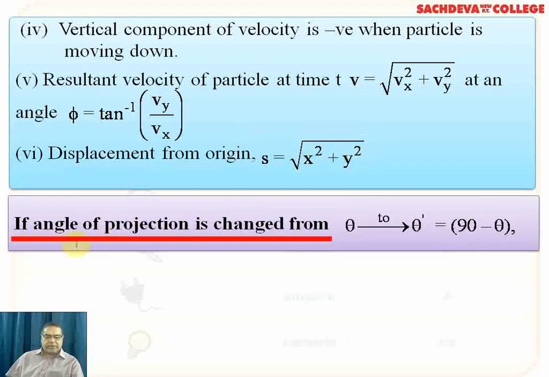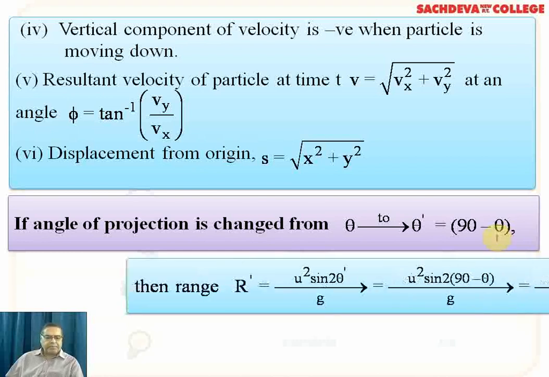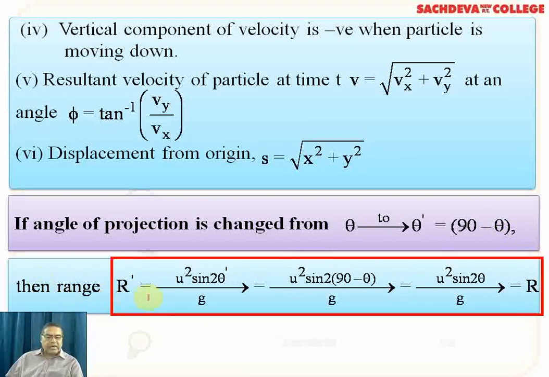Now, if the angle of projection is changed from theta to theta dash, say 90 minus theta, then trigonometrically sine of 90 minus theta can be taken as cos theta and cos of 90 minus theta can be taken as sine theta. Therefore, the range R dash for angle theta dash is given as u square sine 2 theta dash divided by g, or this can be written as u square sine 2 into (90 minus theta) over g.